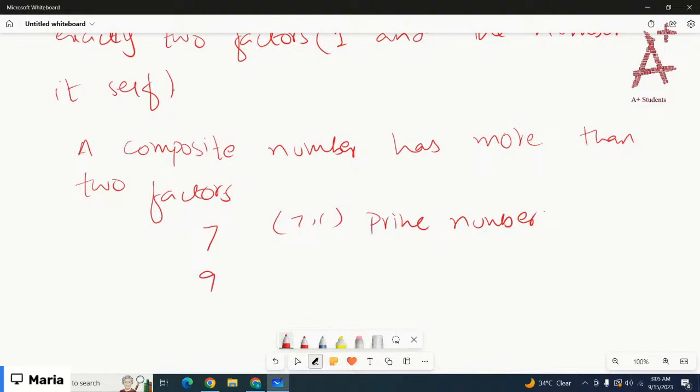Okay, is 9 prime or composite? Which is the correct option? The factors of 9 are 1 and 9, and any other numbers that when multiplied make 9. 3 times 3 is 9, right? So you can see 9 has more than two factors. So 9 is a composite number.